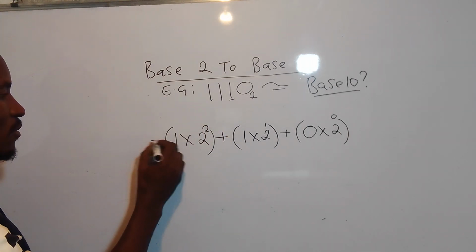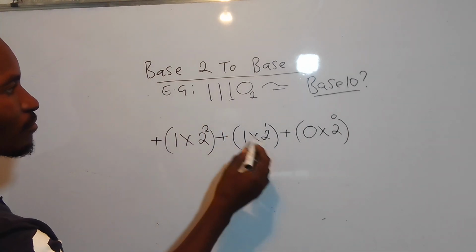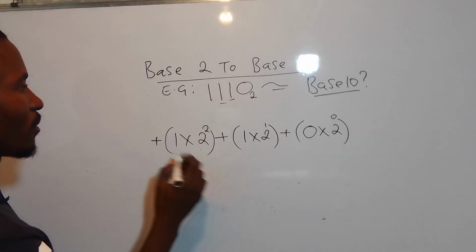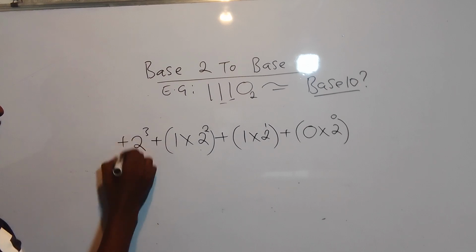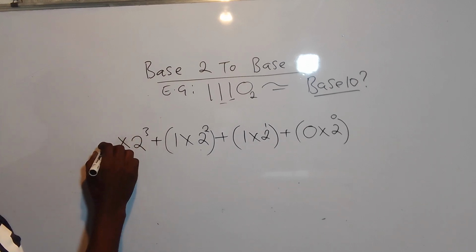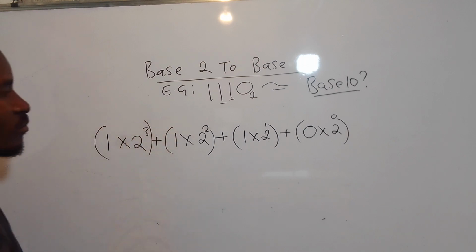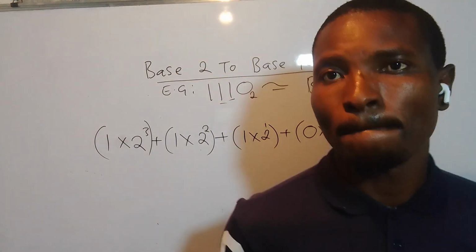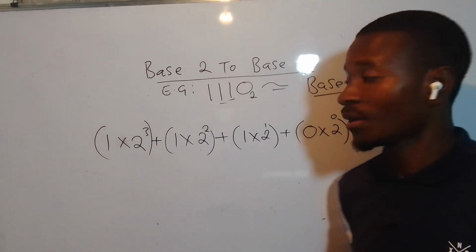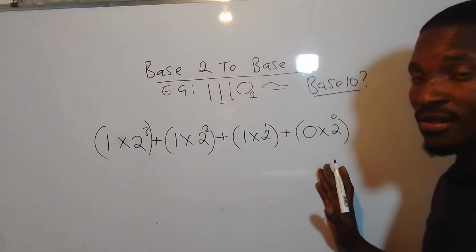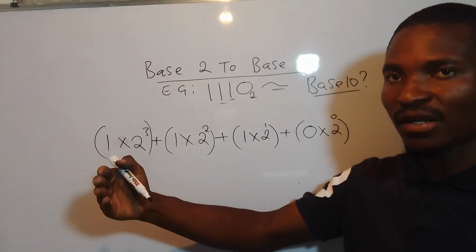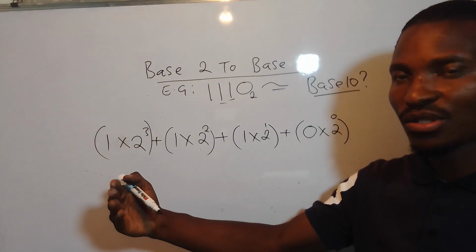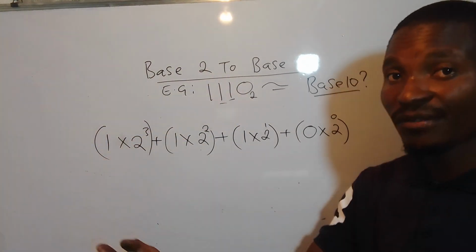And then also plus, then we have 2 to the power 3, times 1. As you can see now, what is happening is that the place value becomes the powers of the given base.